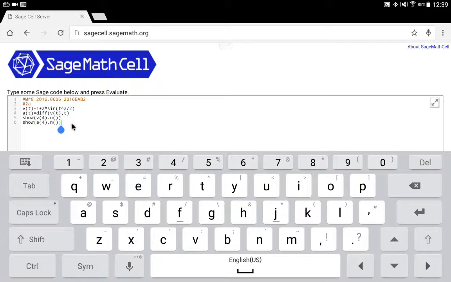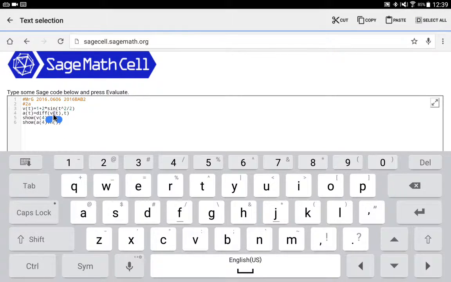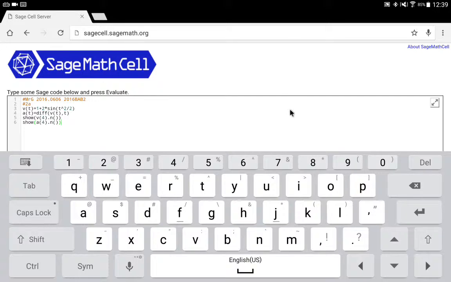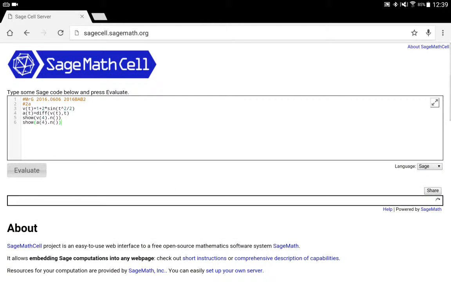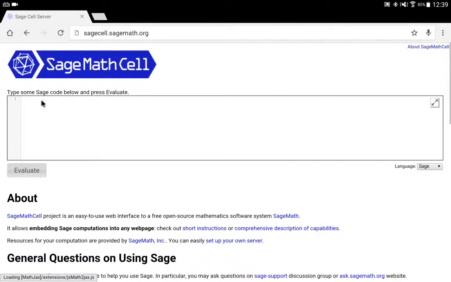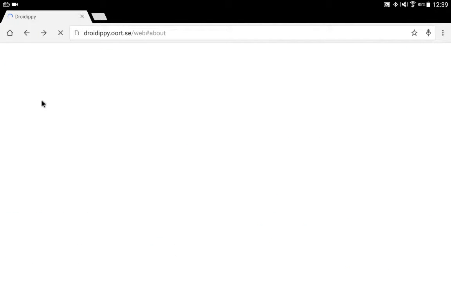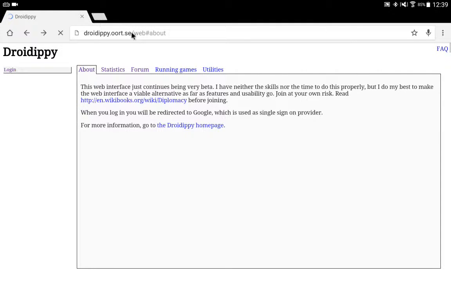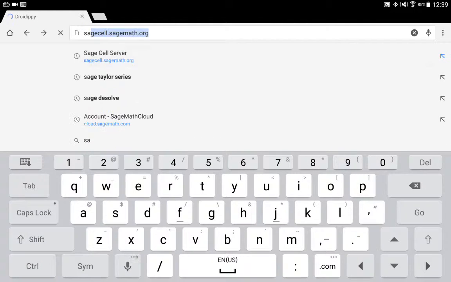Can I highlight this whole mess? And copy it in case I have to restart this whole thing. Did I do it? No. Okay, so this is what I'm going to do. I'm going to reload this page. And then I'm going to paste. Whoopsie, what happened there? Wrong site.